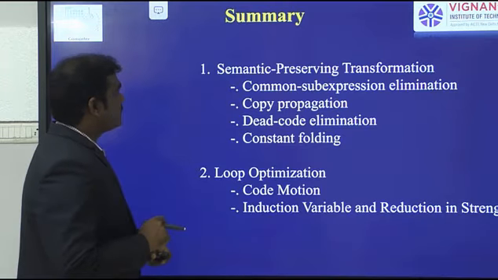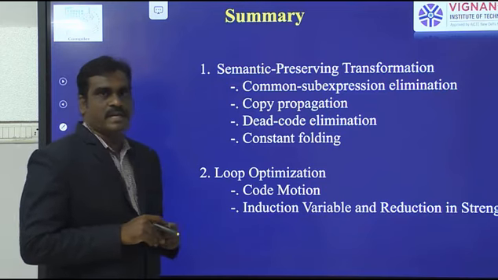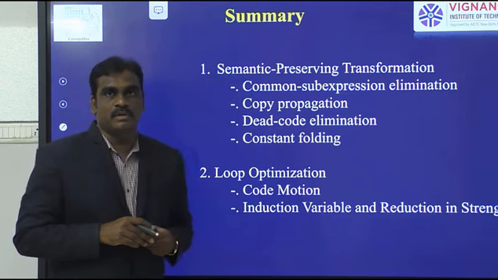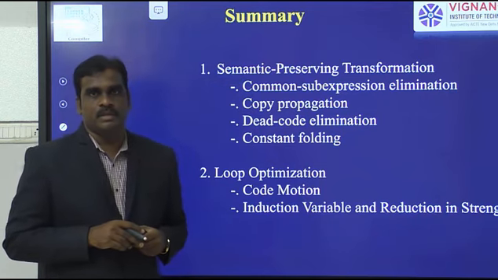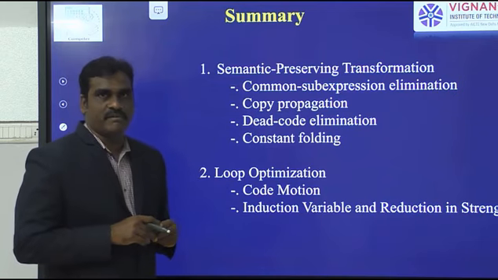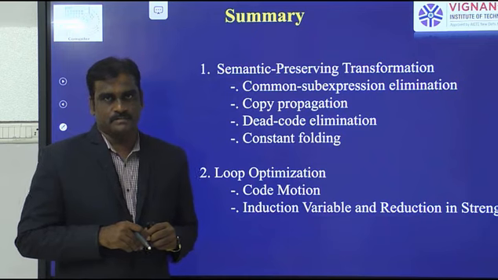Now this is the summary of this class. In this class we discussed the principal sources of optimization. In this topic we discussed semantic preserving transformation, and the second one is loop optimization.